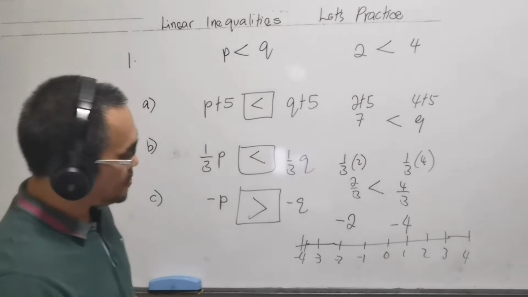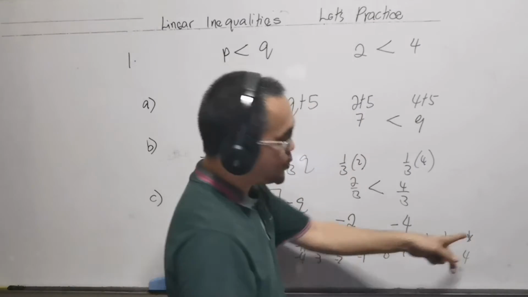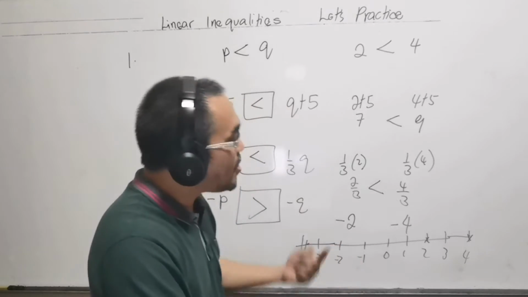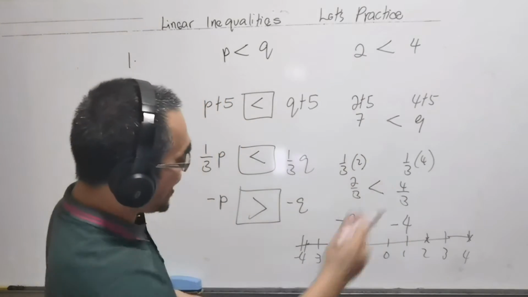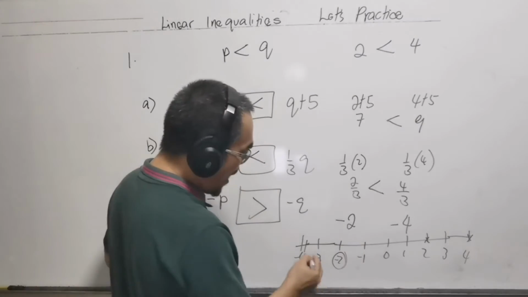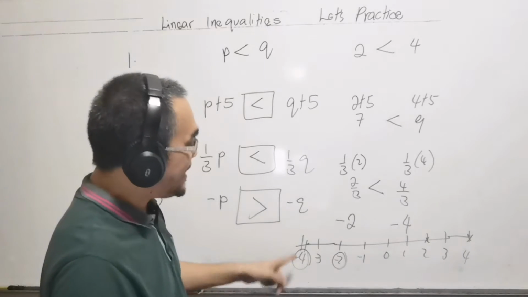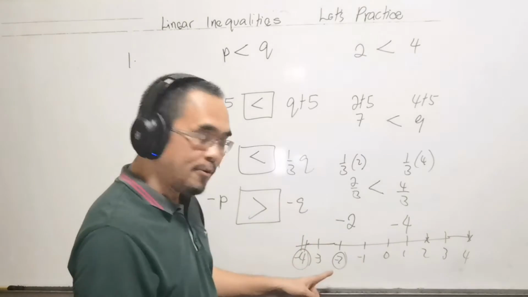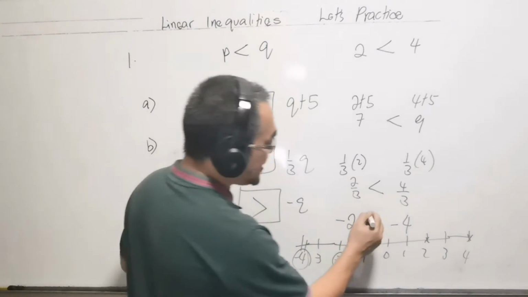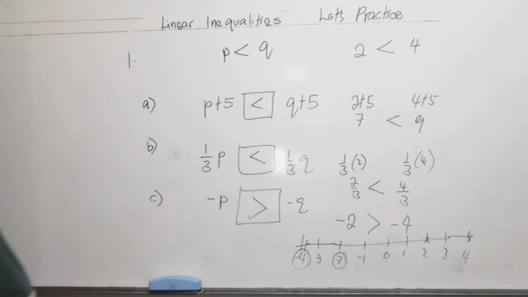When we compare 2 and 4, of course 2 is less than 4 because 2 is on the left side of 4. 4 is on the right side. But when we're talking about negatives, between -2 and -4, -4 is less than -2. Or in other words, -2 is larger than -4. Is there any question on that?